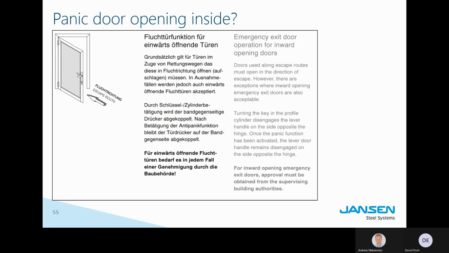Imagine you are on a floor and the building floor is connected to a stairway. The stairway is quite narrow, and the stairway also serves as an escape route for the people from, let's say, the upper section of the building. And if you were to open the door towards the staircase, you would block the escape route.